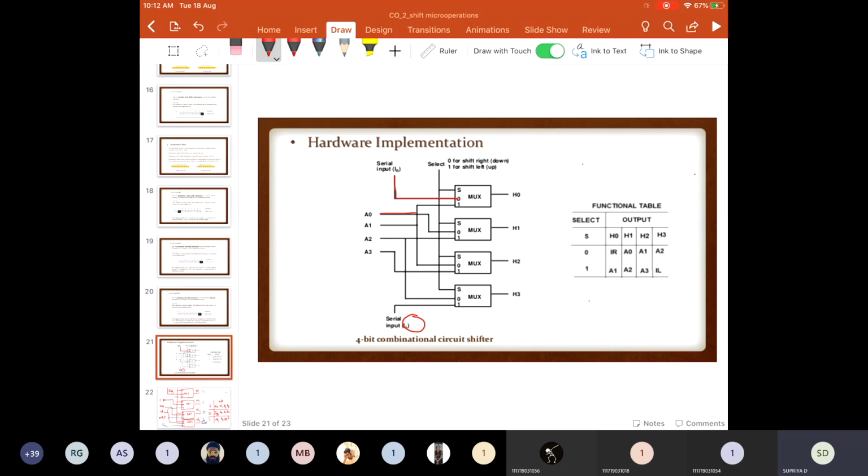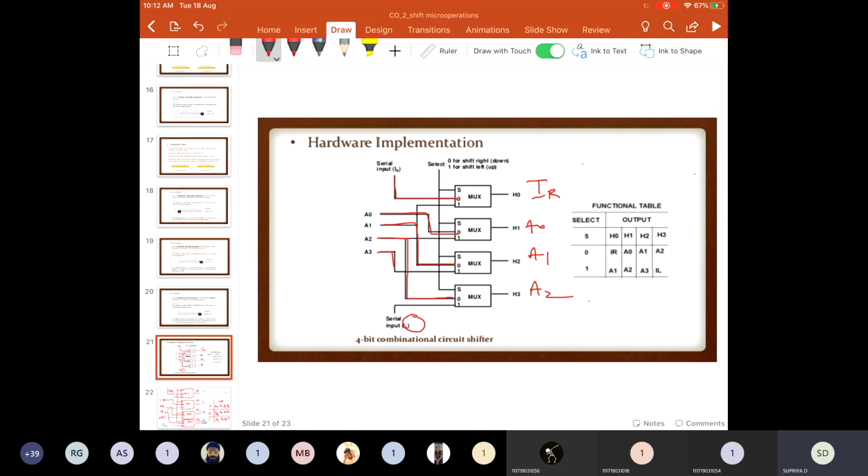and A0 is connected to the 0th line of the second multiplexer. A1 is connected to the 0th line of the third multiplexer. The 0th line of the fourth multiplexer is connected to A2. So whatever the output you get here is IR, A0, A1 and A2.